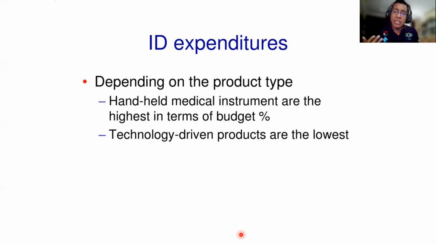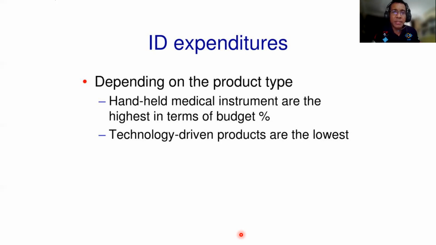So why is this very important? Because this question is also difficult to answer, because several costs need to be considered inside this ID costing.